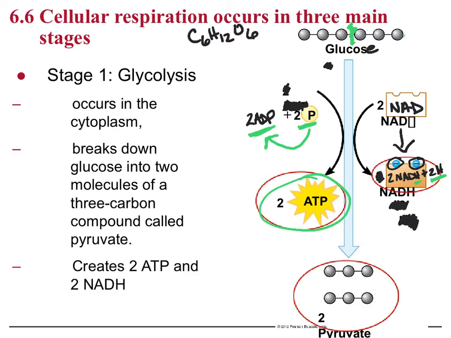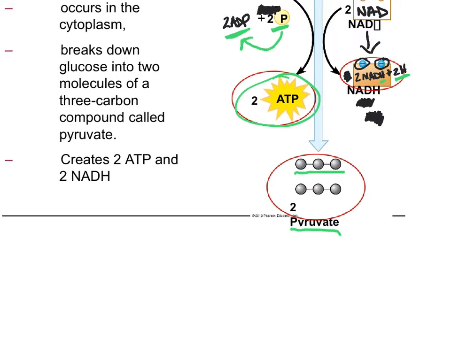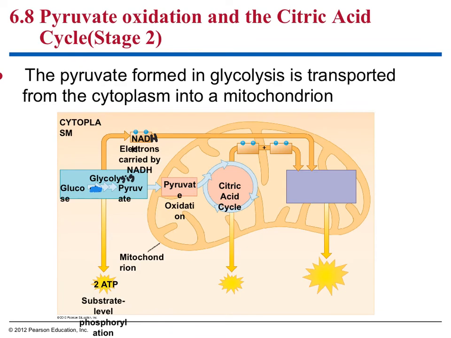So we've got a little bit of energy created through this process of glycolysis, and then the products here are two molecules of something called pyruvate. Those are the products, and that pyruvate is going to be sent into the second stage of cellular respiration, called the citric acid cycle.